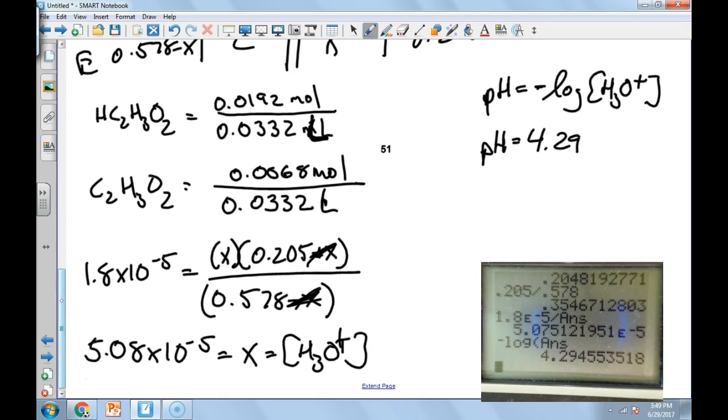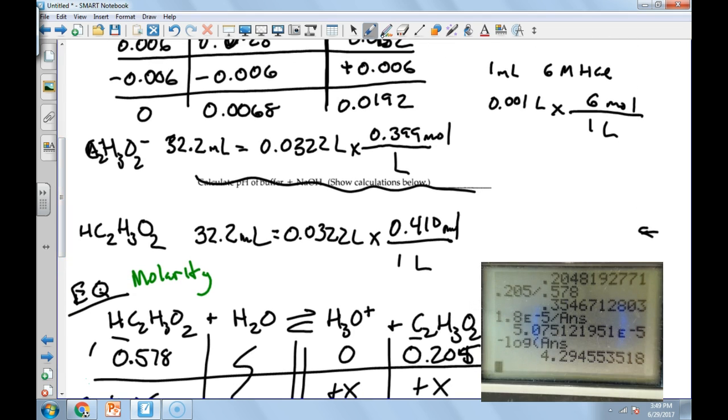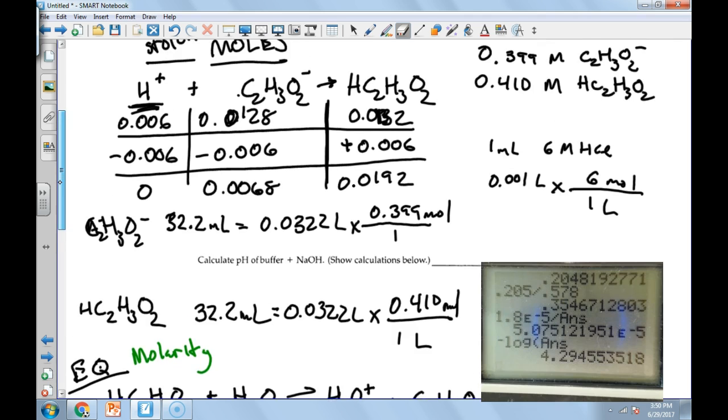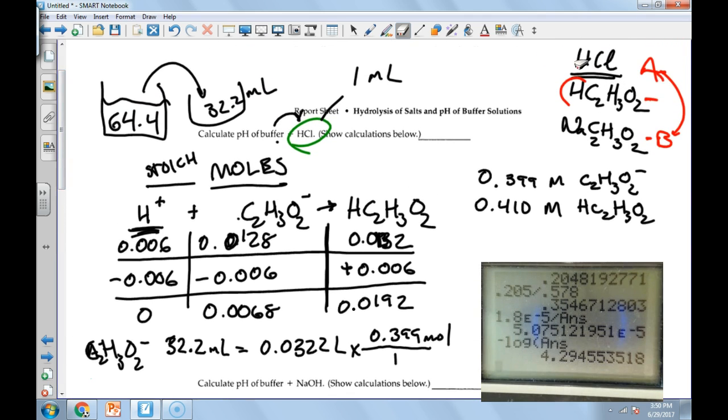So your job, using these as kind of the model, is to answer this question right here that I crossed off, doing this with the sodium hydroxide. Starting way back up here, you have to list the stuff. Instead of HCl, we have NaOH. NaOH isn't going to react with the base because it's already a base. It's going to react with the acid.